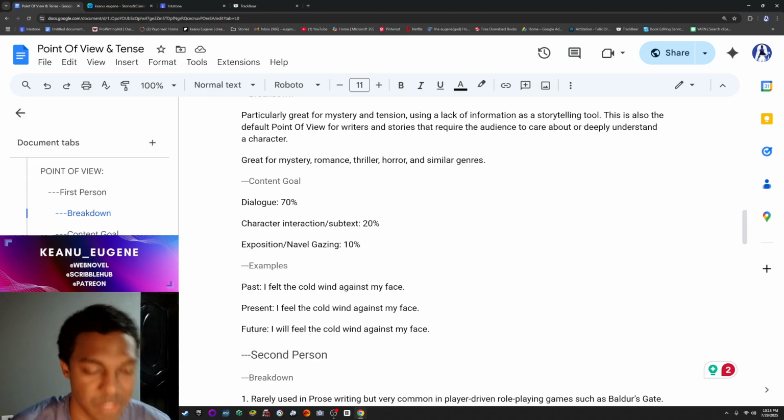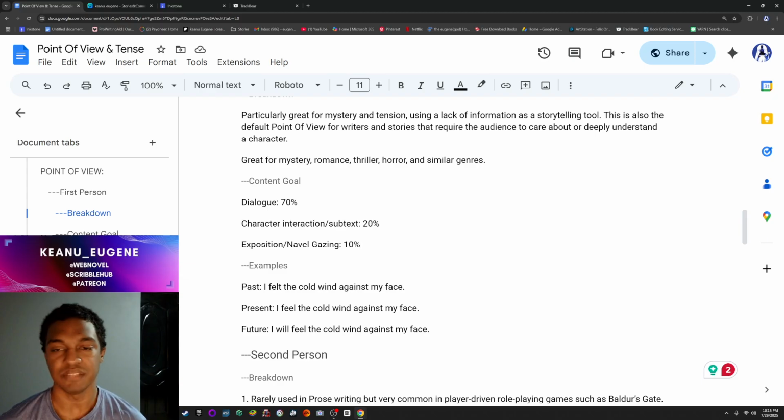I've actually seen 10 pages of that, right? And generally, first person has a lot of navel gazing and a lack of dialogue. It's normally like 60% navel gazing because a character is just in their own head, because the narration is technically navel gazing, that's them just thinking their own thoughts over and over for the whole book.